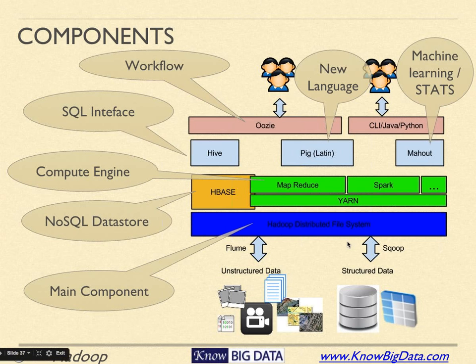Now, on top of HDFS, you have something called YARN. What is YARN? YARN is something which makes it possible to run any software near the data. As I was telling you, HDFS runs on all the computers, meaning HDFS is spread across your network.